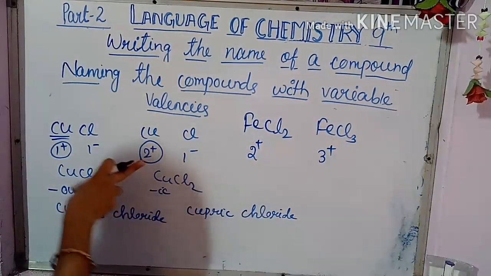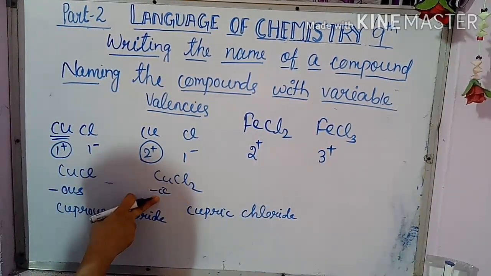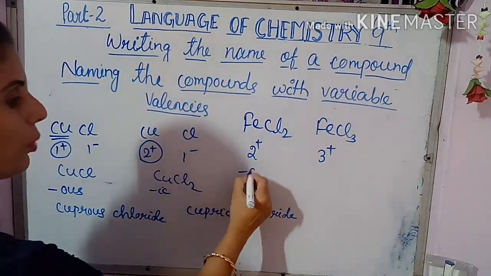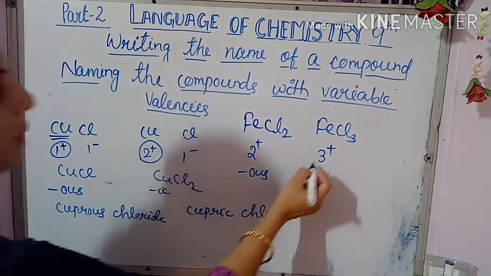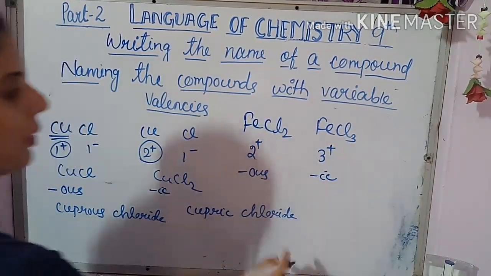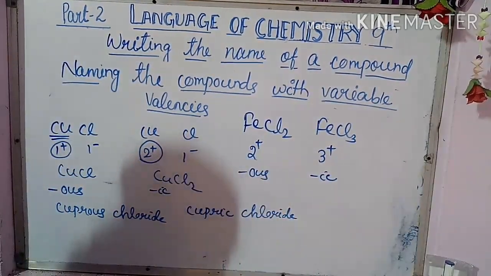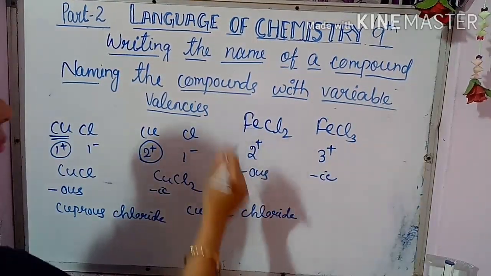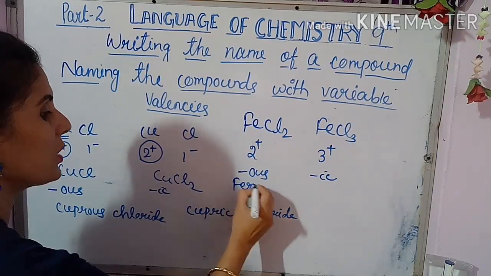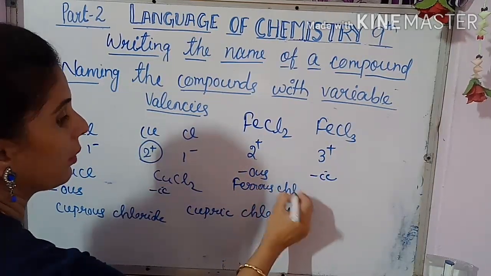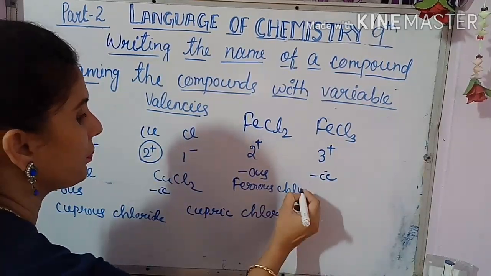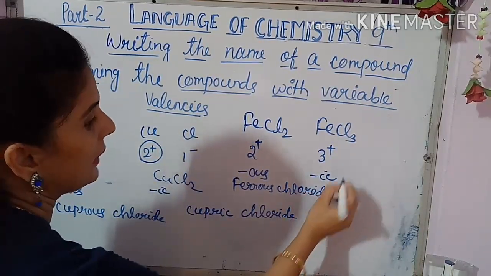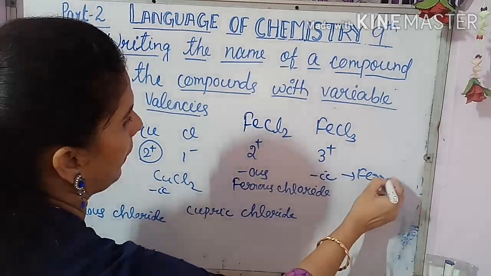In between, 2 plus is the smaller and 3 plus is the bigger. That's why the smaller one is followed by OUS and the bigger one by IC. So FeCl2 is ferrous chloride, and FeCl3 is ferric chloride.